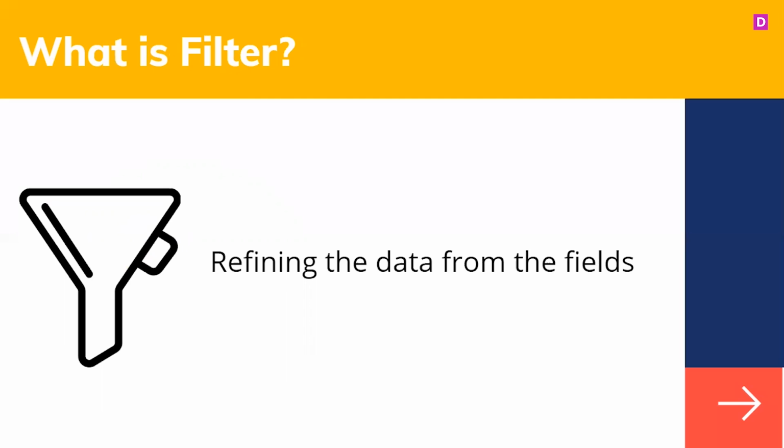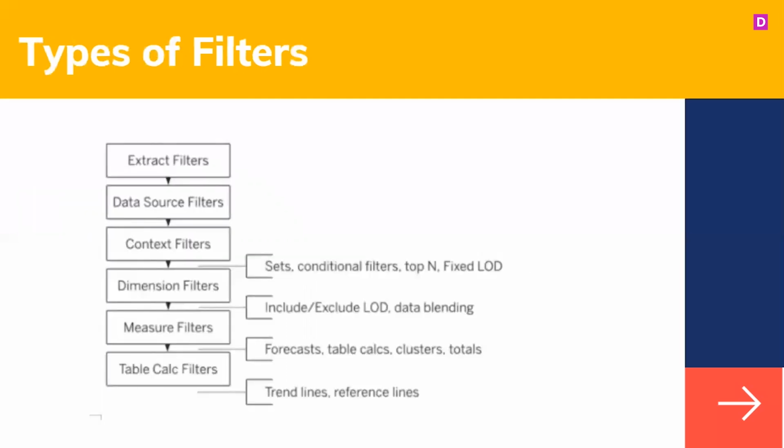Now that we have an idea of what a filter means, it is important for us to understand how we can actually make use of the filter in Tableau. Before that, I just want to mention that Tableau supports different sets of filters. You have extract filters, data source filters, context filters, dimension filters, measure filters, and then table calculation filters.